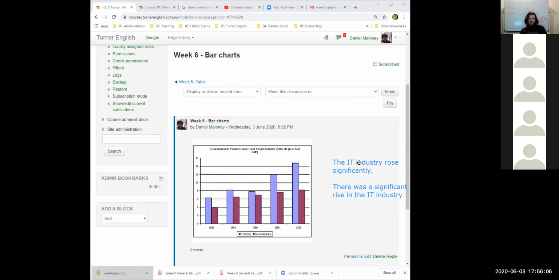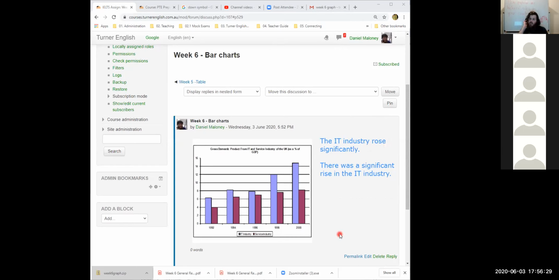So just make sure, guys, when you're talking about data, that you jump between adjective, adverb and verb, as well as adjective and noun forms.